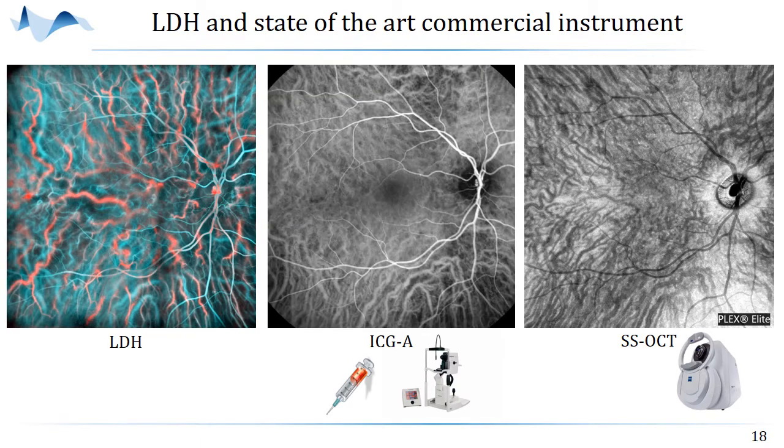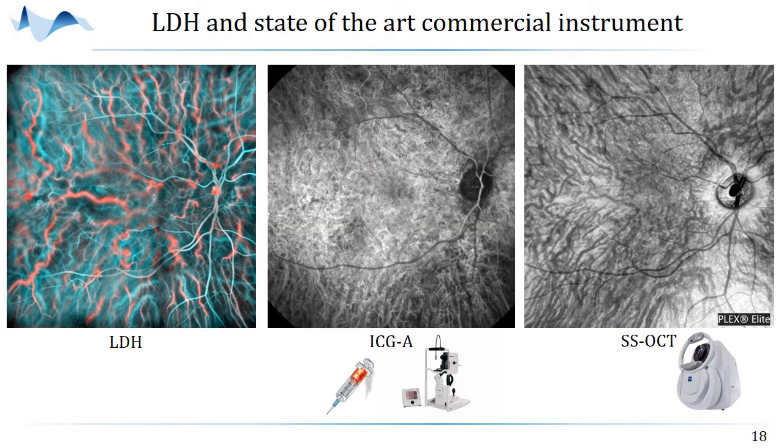And that is the reason why when we make this color composite contrast over an extended field of view in the central region, we have an arteriovenous differentiation that is quite reliable and interesting to see compared to ICG angiography and swept source OCT.